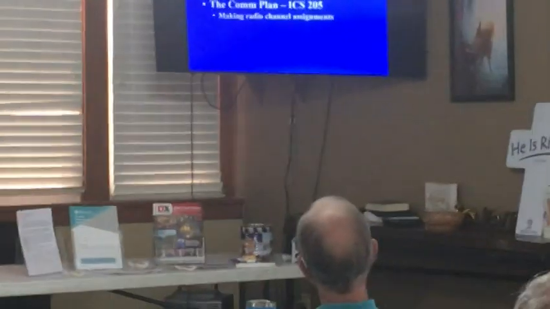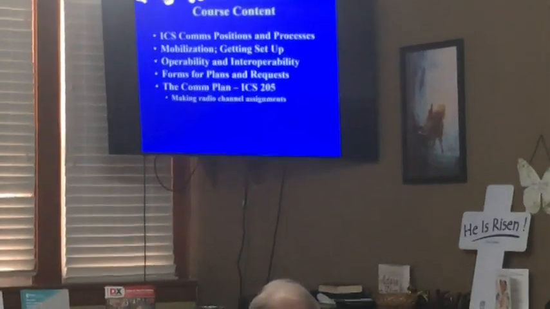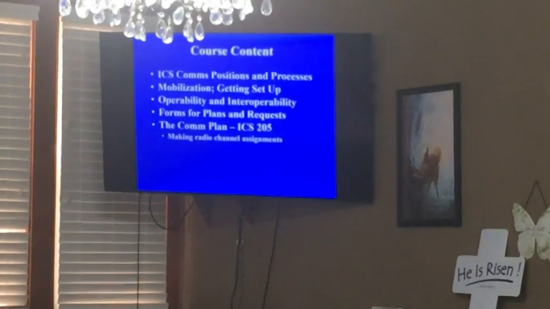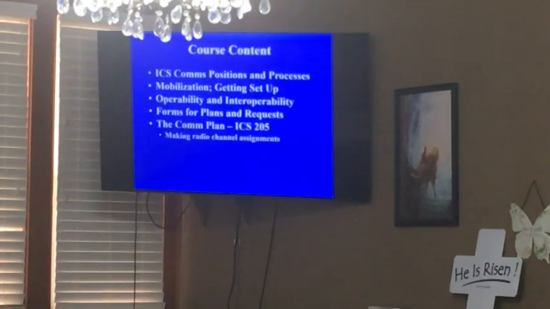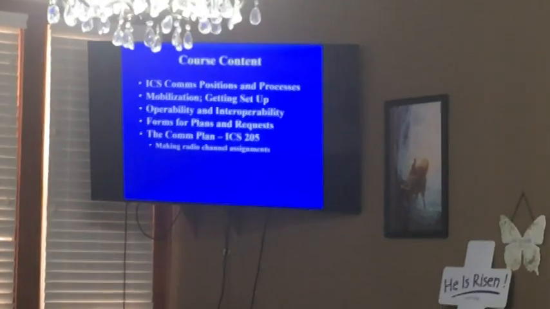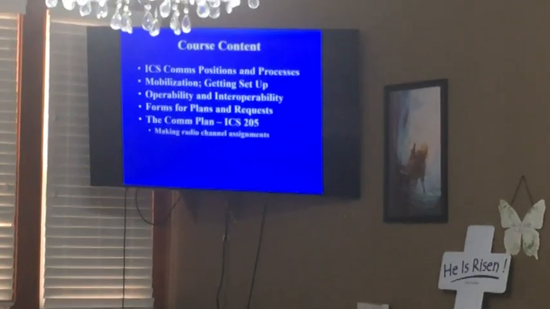A big part of what the communications unit leader does at an incident or planned event is the comms plan. What channels are we going to use? Who's going to be on it? That's what an ICS 205 form is. It's channel assignments.